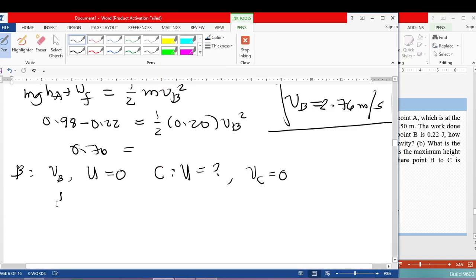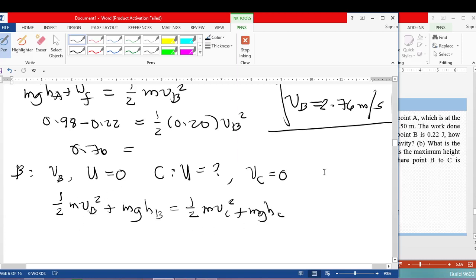So we just have to use directly the 1/2 mvb squared plus mg hb is equal to 1/2 mv c squared plus mg hc. Right? So this one is the initial.